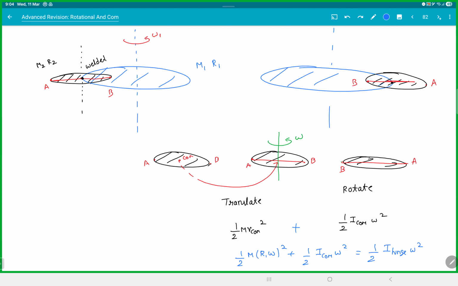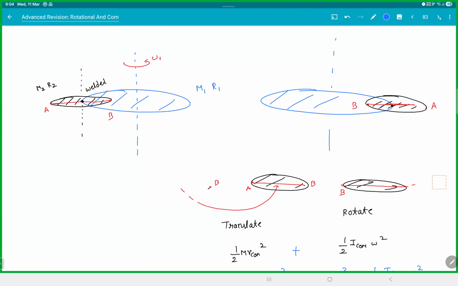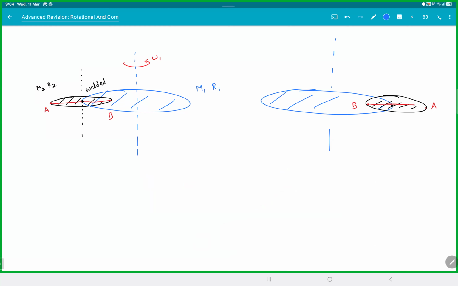But if that disk also now starts rotating, then we have a problem. It's not pure rotation about the center, right? So let me show the third case also. If it is not welded, but it is going with omega 2, again I'll do the same story.